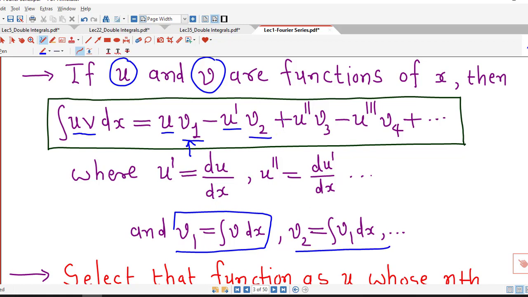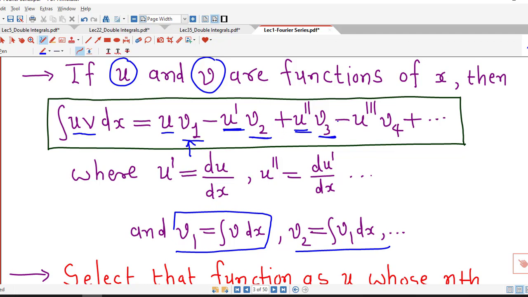Then alternately positive and negative, first sign is positive, second is negative, then positive. So now we take the second derivative of u, that is the derivative of u dash, and the integral of v2, which is denoted by v3.